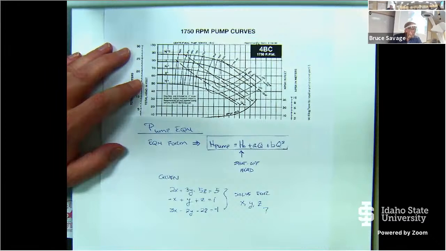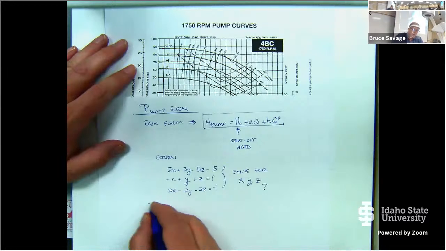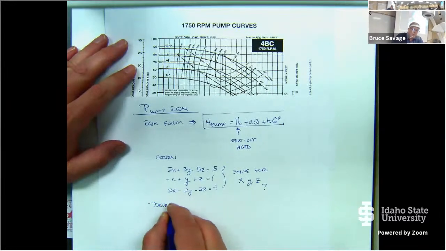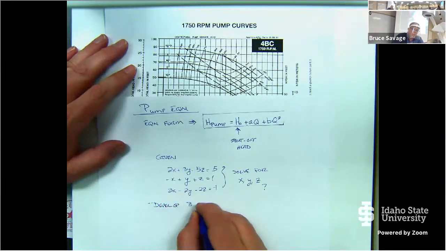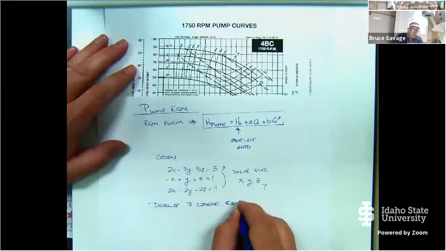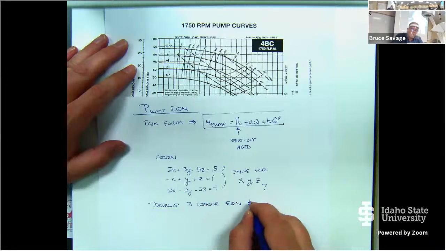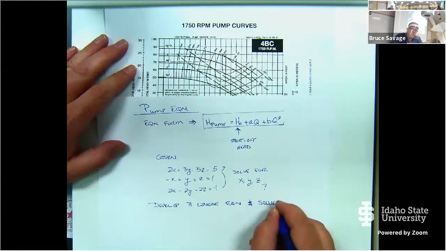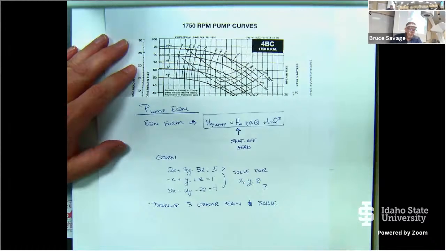You have the knowledge or ability to solve a linear system of equations. So what we really need to do is develop a linear system that we can then solve. We want to develop 3 linear equations and then solve.